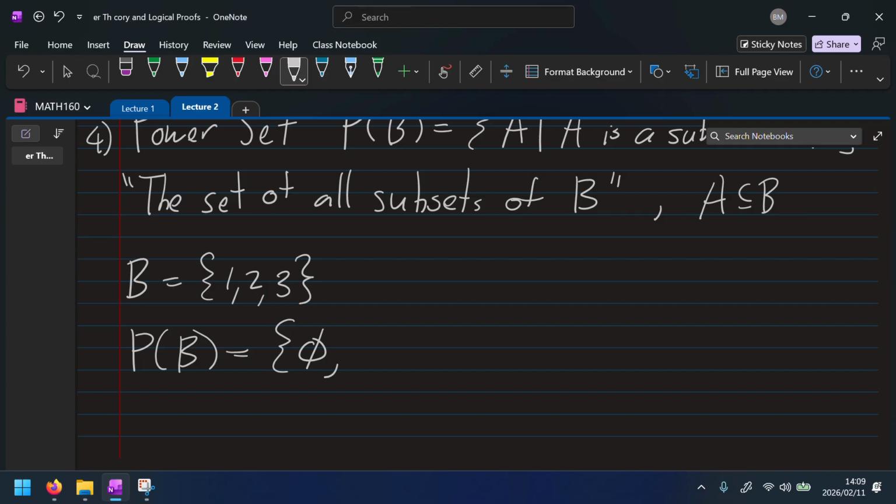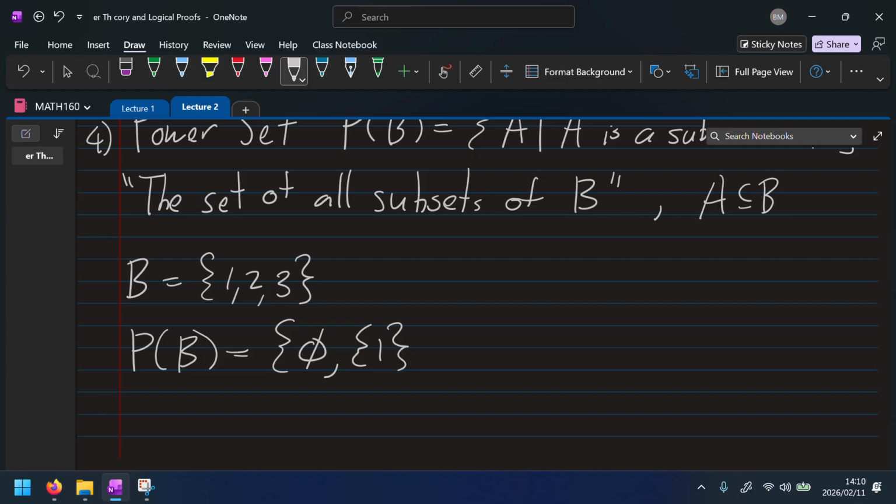So we go through everything and we see which of the 1 element sets are contained. So the set containing just 1. I'm going to write it down and then we'll check. Is the set containing 1 a subset of B? Yes. Because let's look at that set. What are the elements of the set? 1. Is 1 contained in B? Yes. So that is a subset.